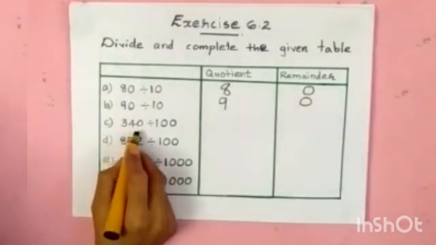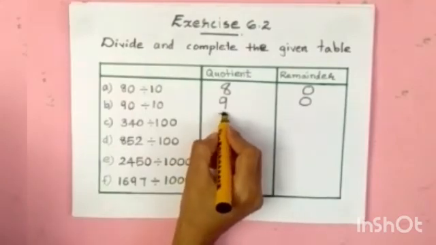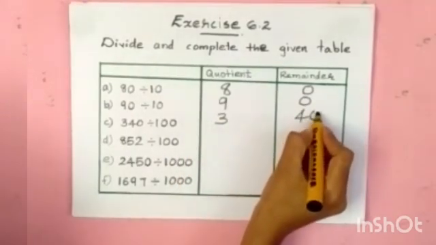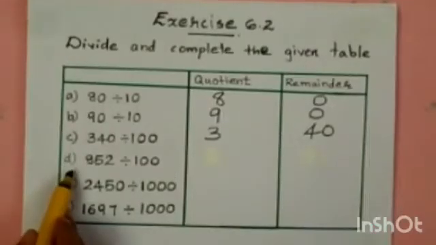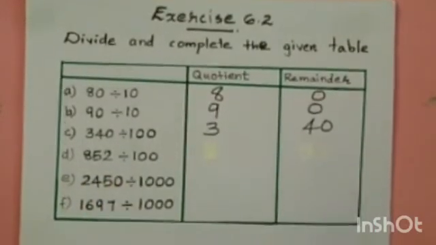Then 340 divided by 100. You know that 3 into 100s are 300. So the quotient is 3, remainder is 40. Our D question is 852 divided by 100.